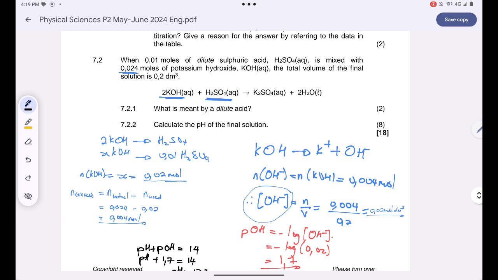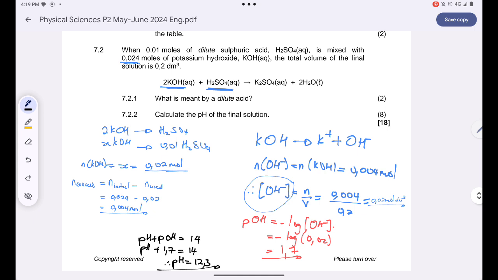And please note that, guys, whenever you titrate two substances, the reagent in excess is the one that will determine your pH all the time. Are we together? So over here we have our potassium hydroxide and sulfuric acid. And then what I did here was to calculate my limiting reagent and the reagent in excess.